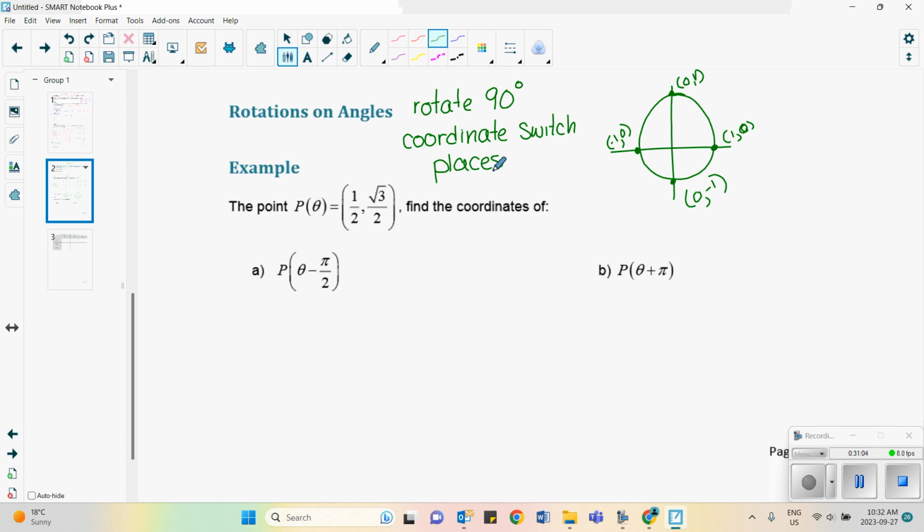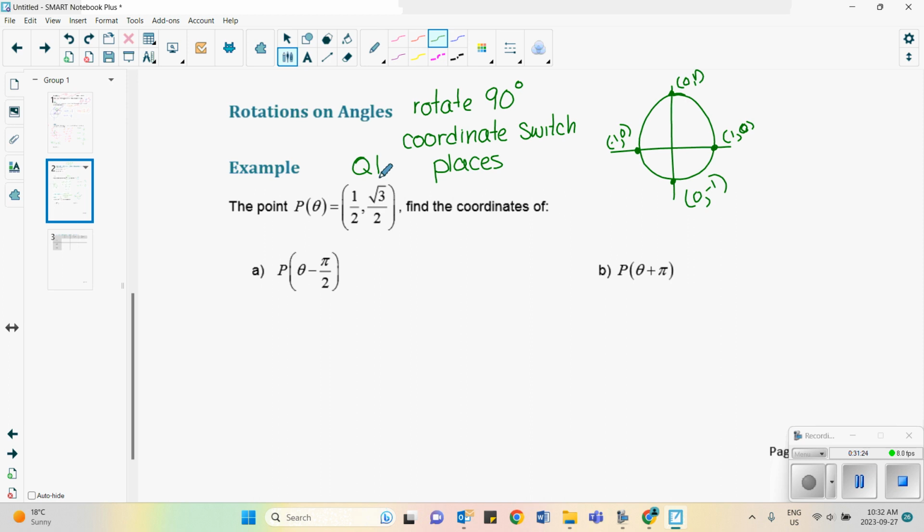Guys, where are you on the unit circle? If your original point is a positive x and a positive y, where are you? I agree. You're in quadrant 1. That's really important, that you know where you started.